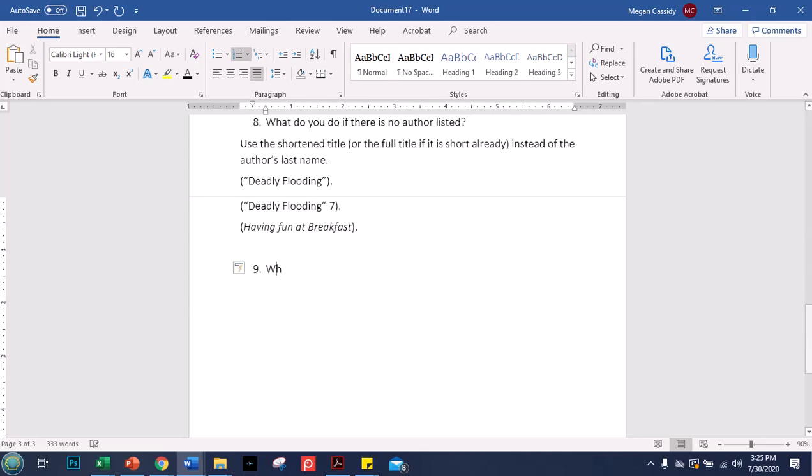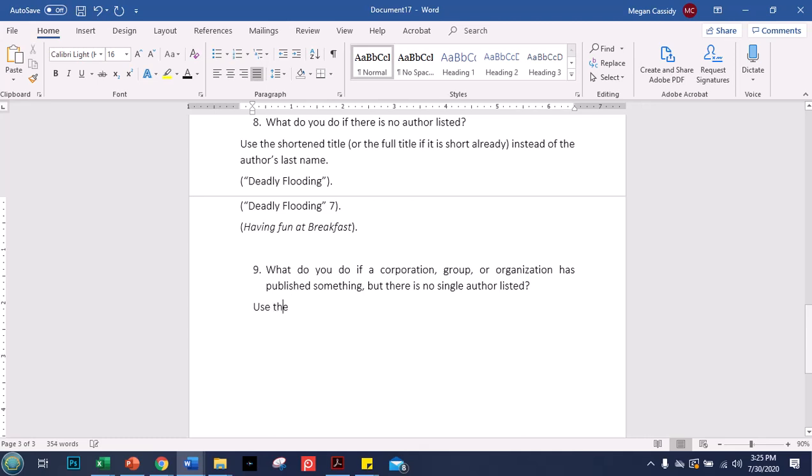So what do you do if a corporation, group, or organization has published something, but there is no single author listed? Well, it's pretty easy. You just use the name of the organization or their initials if they have them.